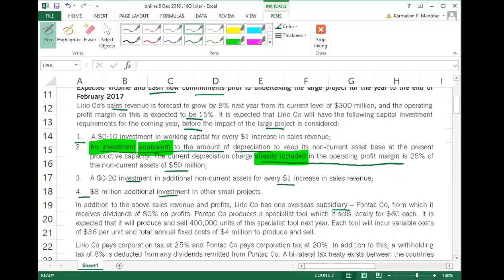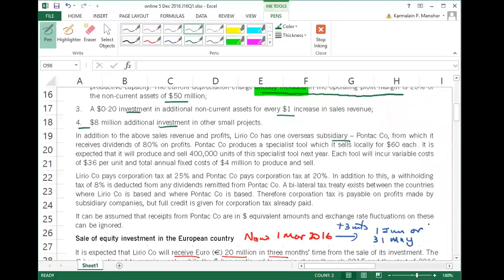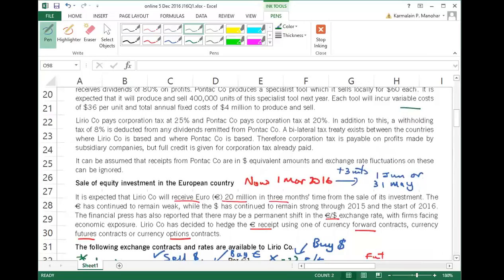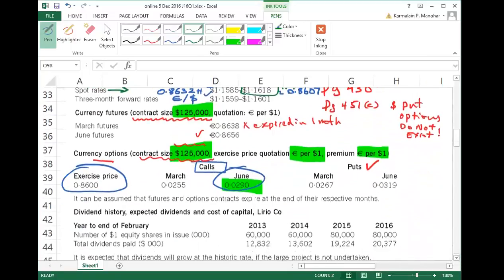what is dividend capacity? How do we get to this thing called dividend capacity? Any ideas? Each tool include variable costs and so on and so forth. Sale of equity, that's a sale of equity. What are we going to do with the dividend capacity?